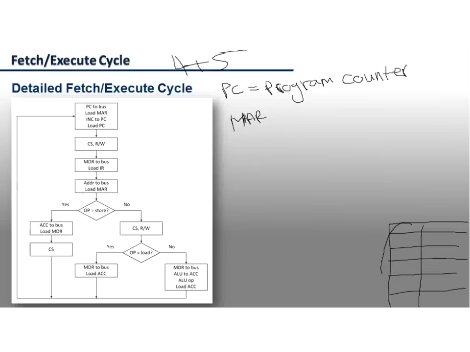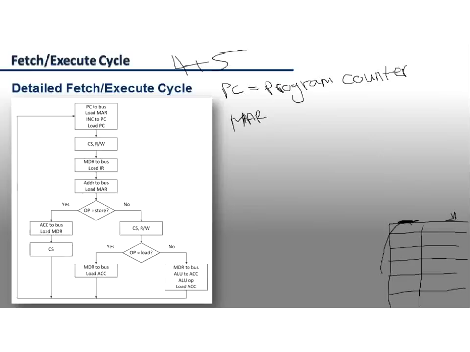Number of operation? Yes, I know what you mean, but imagine that the whole code goes in here. What do we have on the right hand side? We have the data. So this is the address, this is the data.